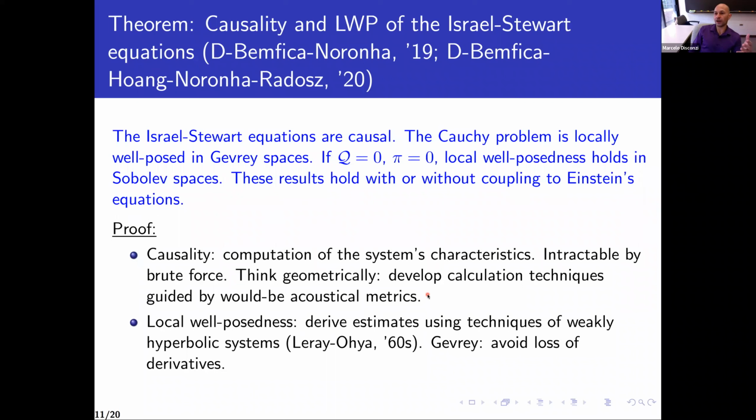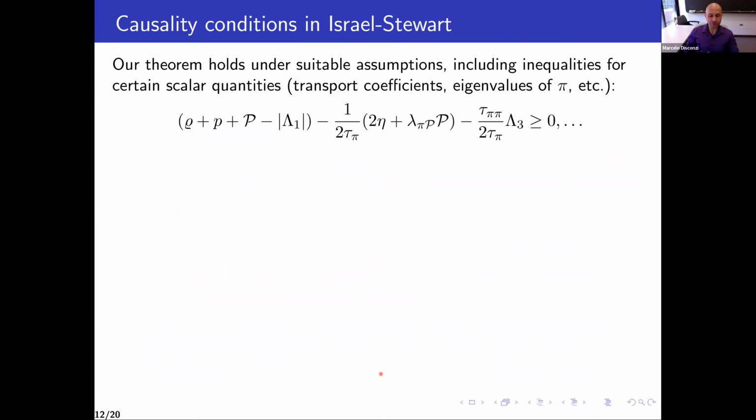If they are weakly hyperbolic, you cannot close the estimates without derivative loss unless you work on a very regular space like this. However, in the simpler case where the heat flow and the shear stress are absent, then we can actually close the estimates in Sobolev space. That's just because the equations simplify a lot in this situation. Okay. So this is just a kind of sketch of the proof.